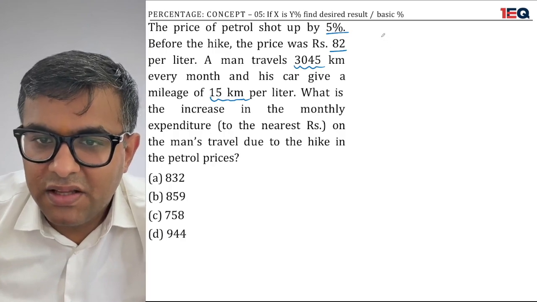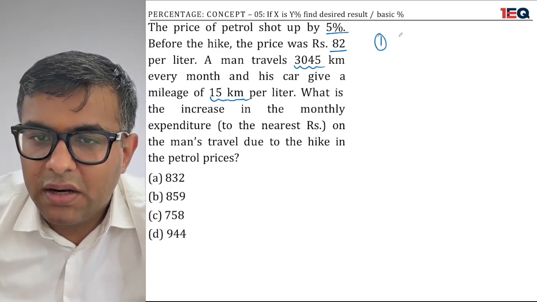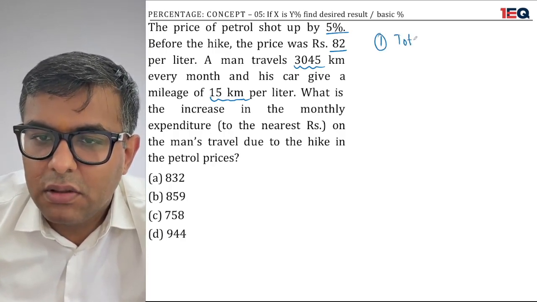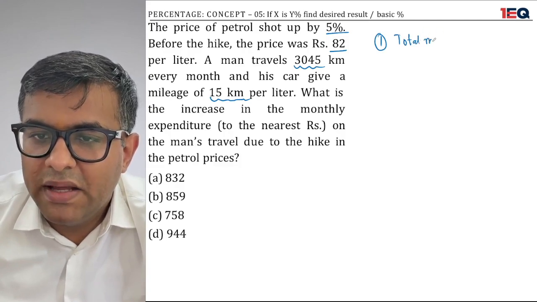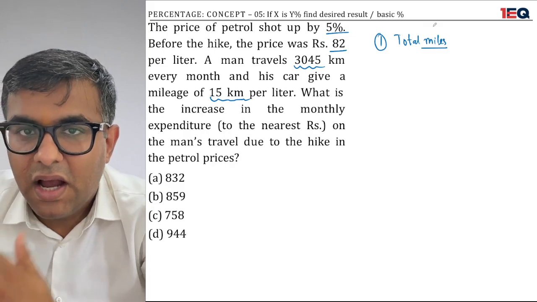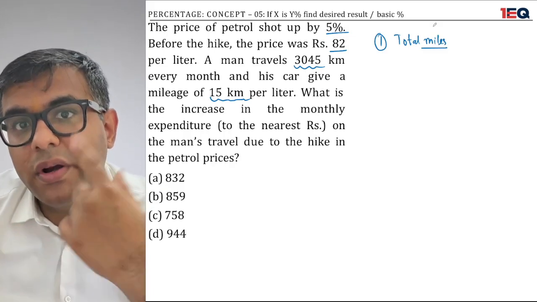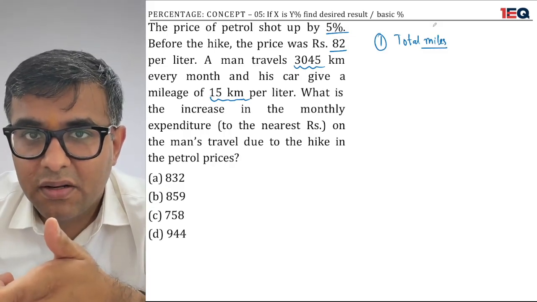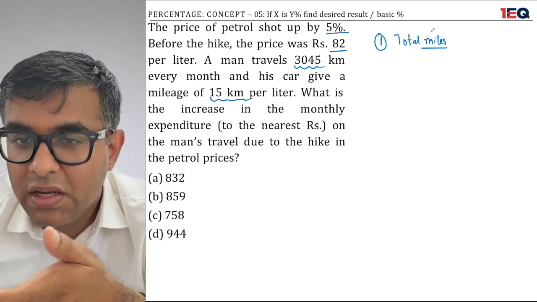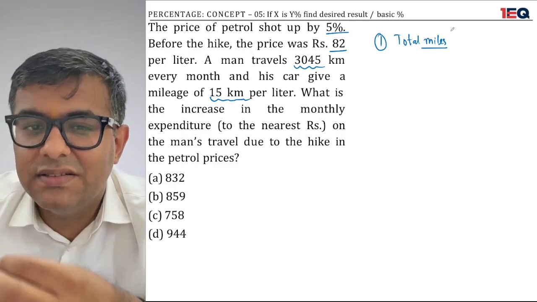The first thing that we need to find out is the total miles that he travels. When I talk about miles, I'm not particularly talking about the unit of miles per second or miles per hour. I'm talking about the total distance.